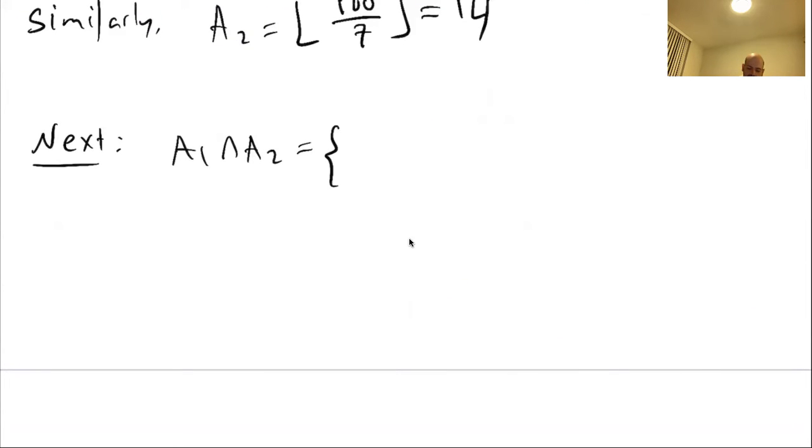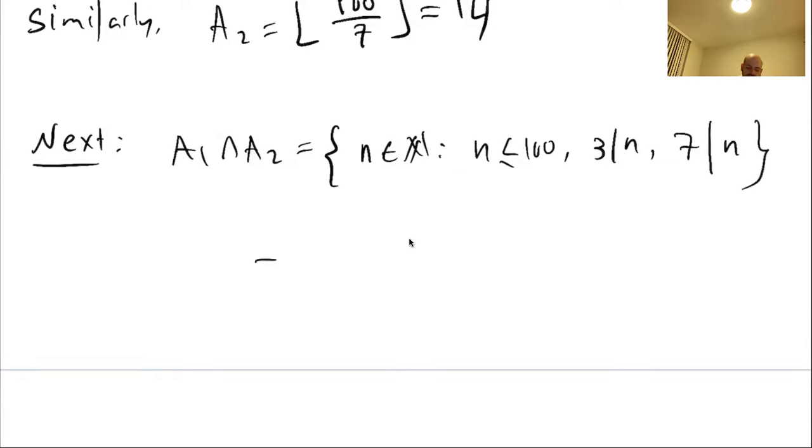So it is the set of n such that n is less than or equal to 100, 3 divides n and 7 divides n as well. Then this is the same as saying n belongs to the set of n such that n is less than or equal to 100 and 21 divides n.